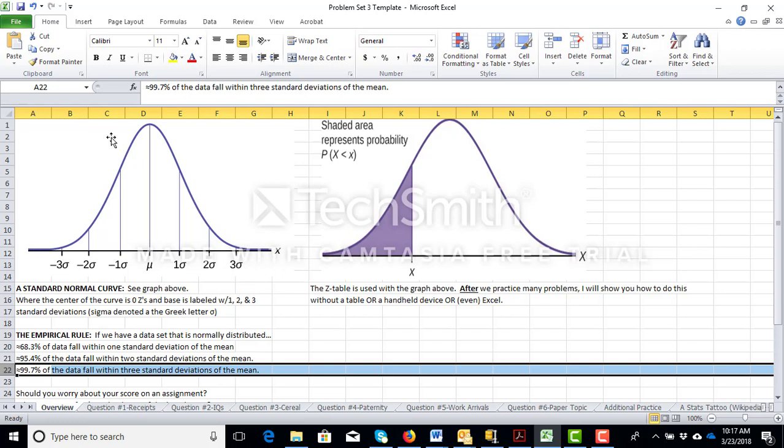We notice that these curves are symmetrical. So if 99.7% fall between 3 standard deviations, plus or minus 3, it means that the remaining 0.3%, that means less than 1%, would be in one of these tails outside of 3 sigma limits.